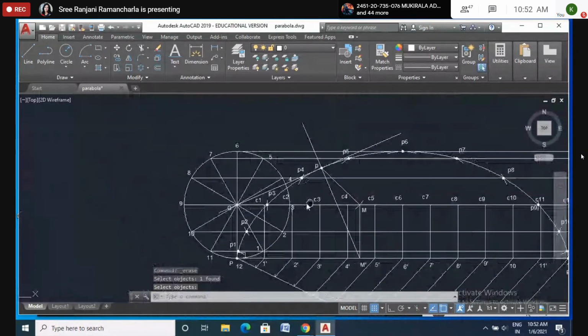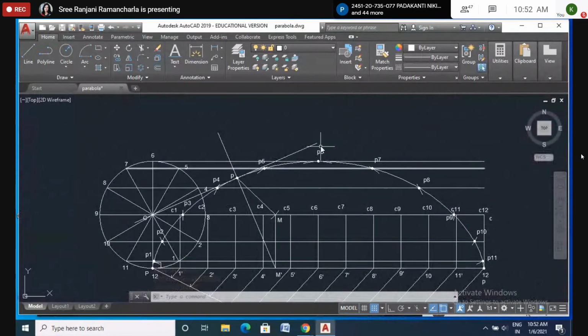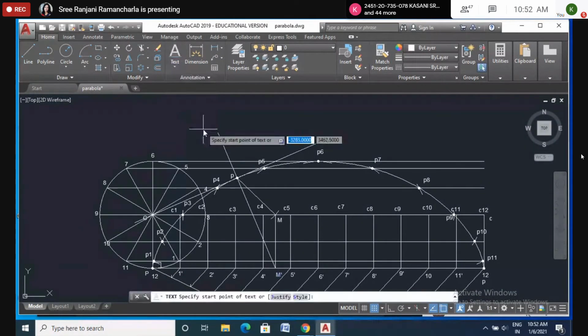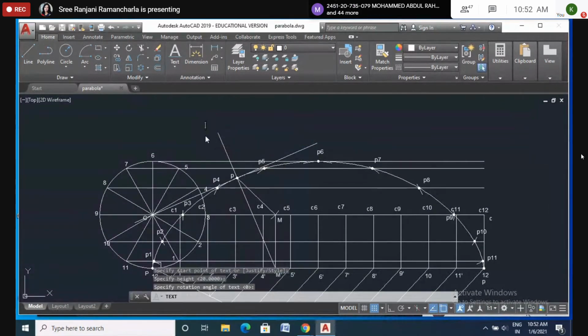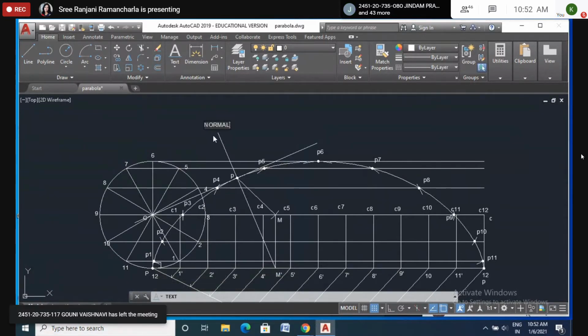Okay, now I got the line here, see. So this is the tangent and this is the normal. Okay. So this is the normal, and this is the tangent. Right, now it's clear, all of you?